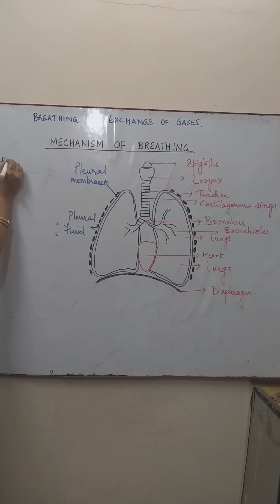This breathing cycle therefore comprises two major steps: inspiration, which we also call inhalation, and expiration, which we call exhalation. So the breathing cycle has these two phenomena taking place to bring about the process of respiration.